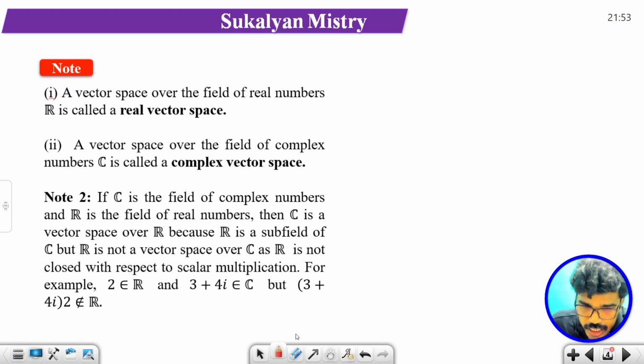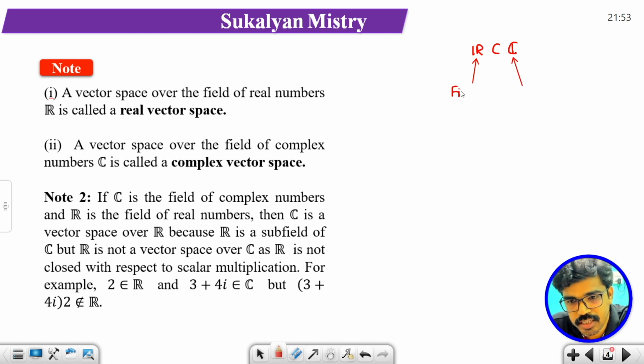Now, it is a very important note: we know that every real number is a complex number, so the set of real numbers is a subset of the set of complex numbers. The set of real numbers forms a field, and the set of complex numbers is also a field, right?